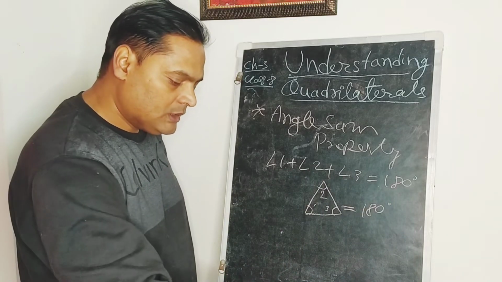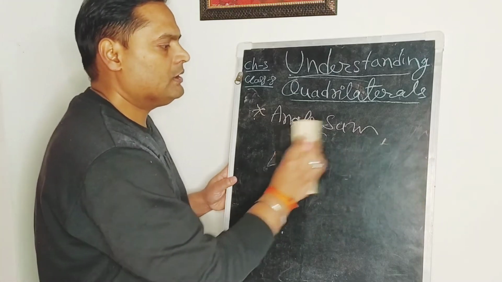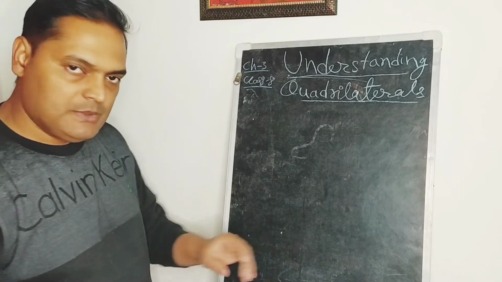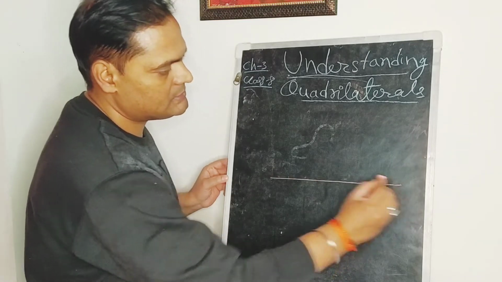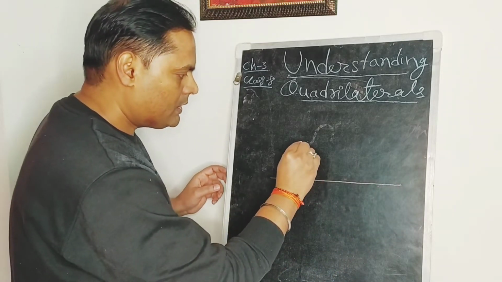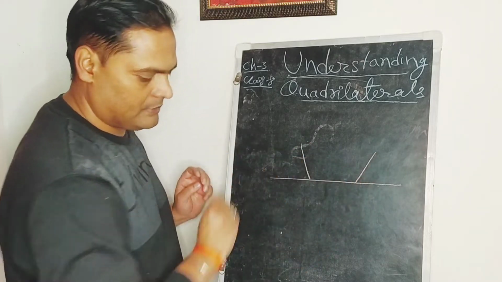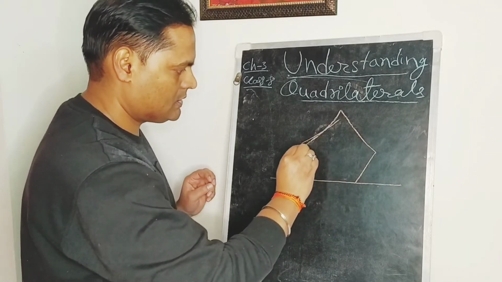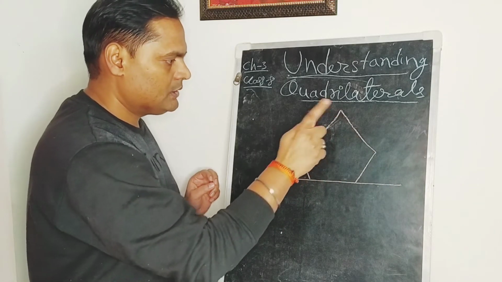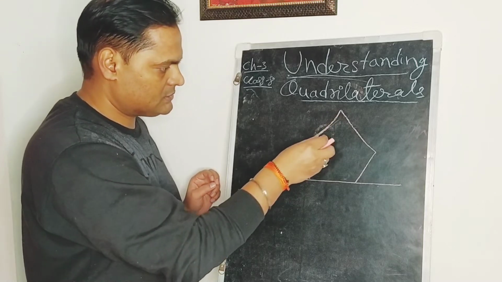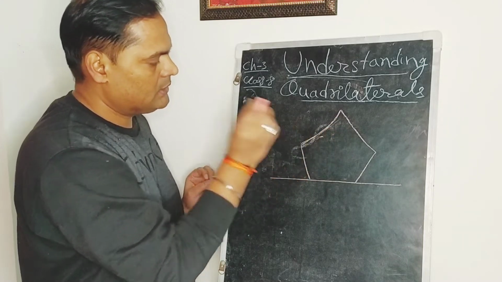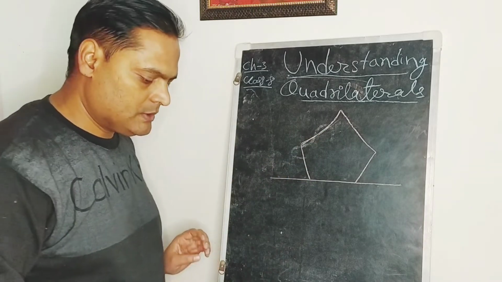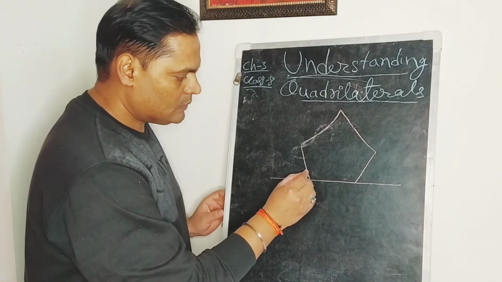Based on this, I have a question in the NCERT textbook. Let me try to draw this. This is the figure where we have this type of line segments. My drawing is not so good, so just try to understand. This figure is also given in the book, so you can refer to it there as well.